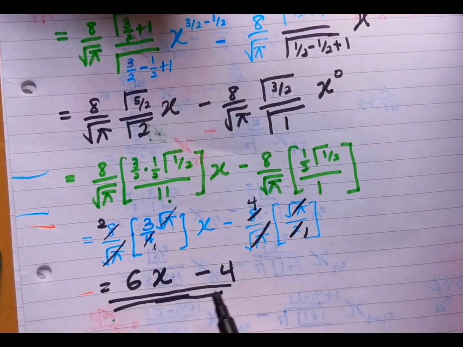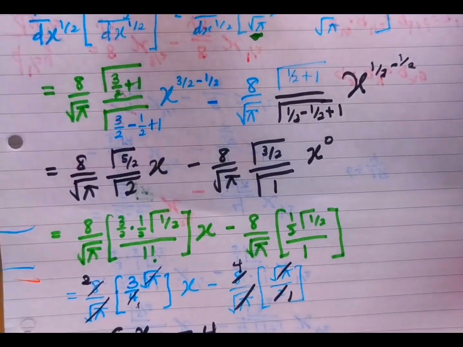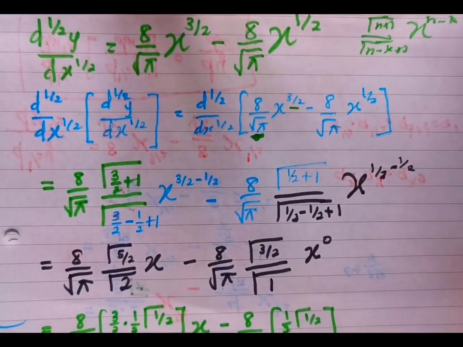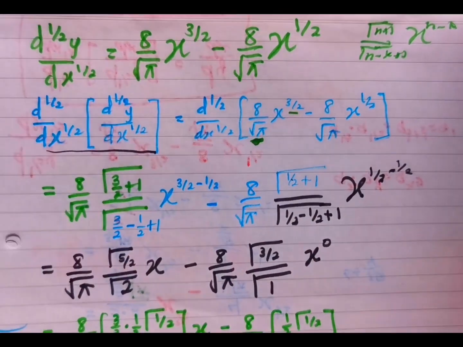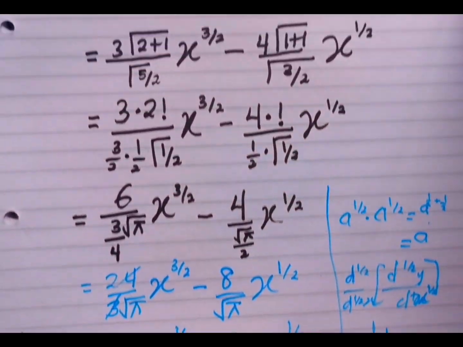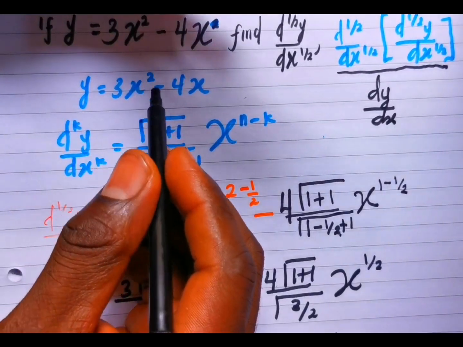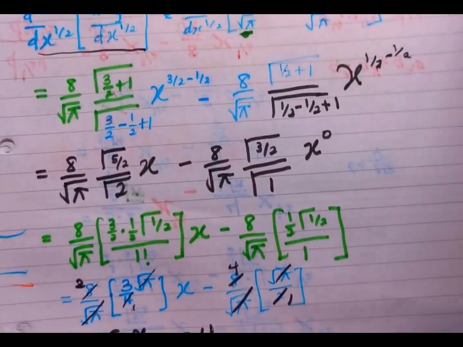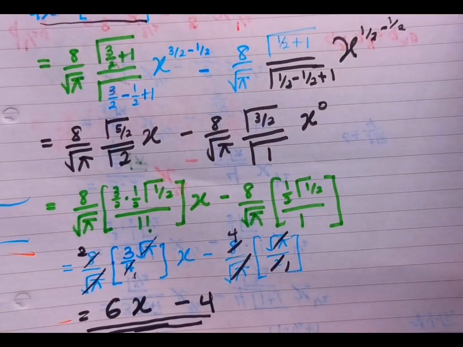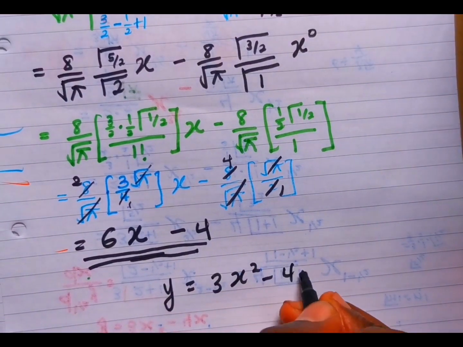And I said earlier that this question is the same thing as finding the first order derivative of the given function. Our given function is y is equal to 3x squared minus 4x.